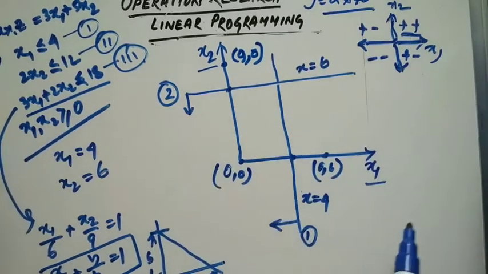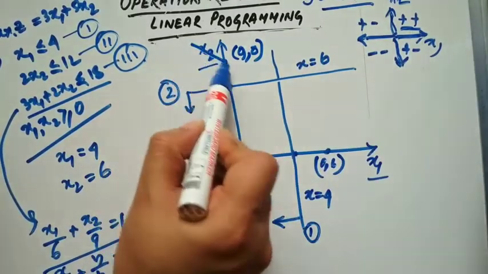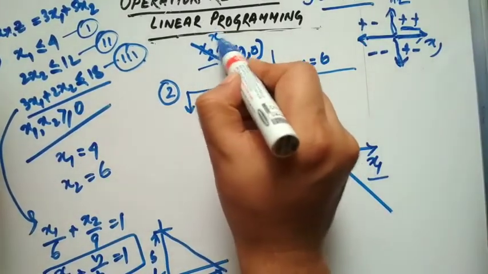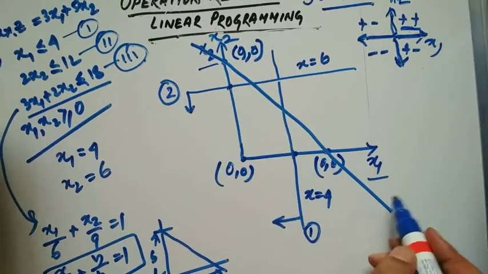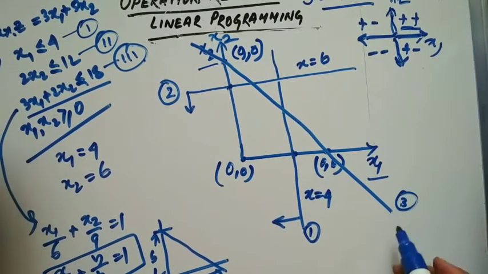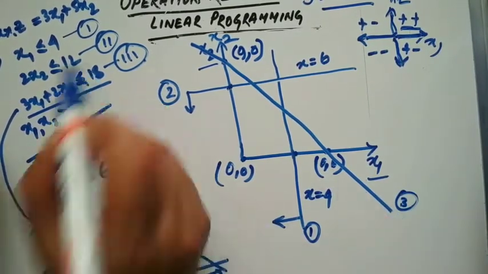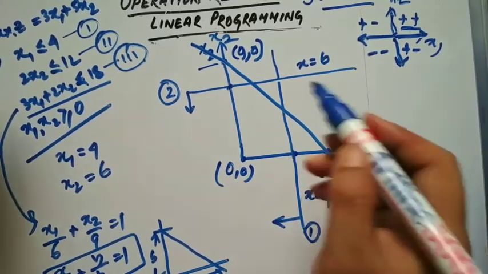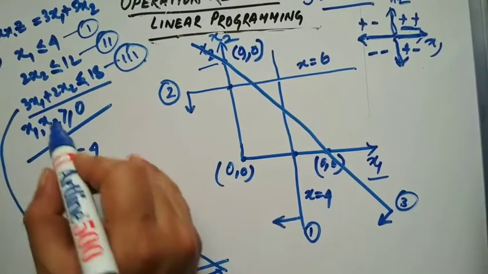You have to close it up like this one. This is x2. So this is your third equation, and it also says less than or equal to 18, so it is directed towards the origin.